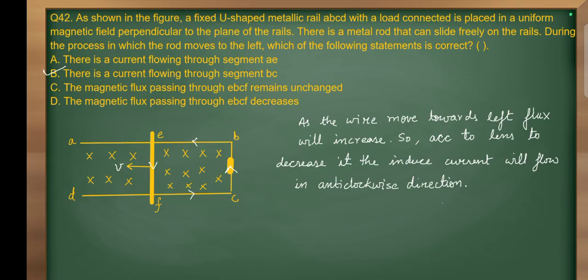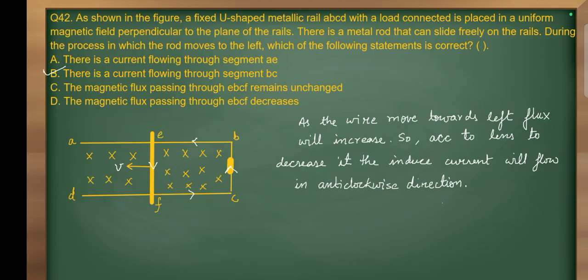Since the rod is moving towards the left, as the rod moves, the area will increase, and as the area increases, the flux will also increase. So according to Lenz's law, the current will be produced in such a direction that it decreases the magnetic field, so it will be produced in the anti-clockwise direction.